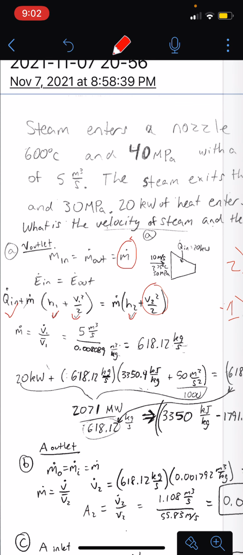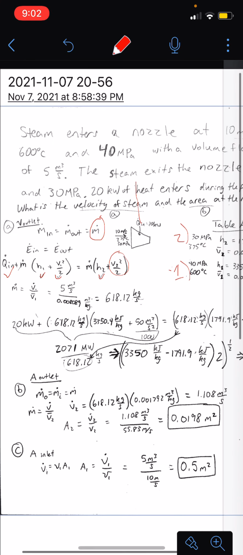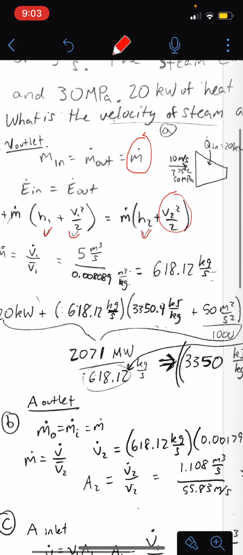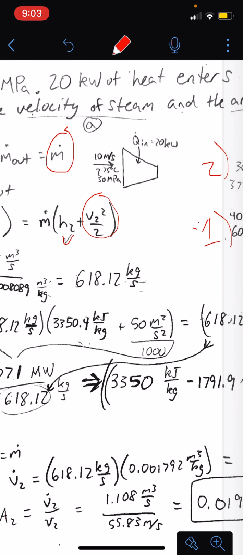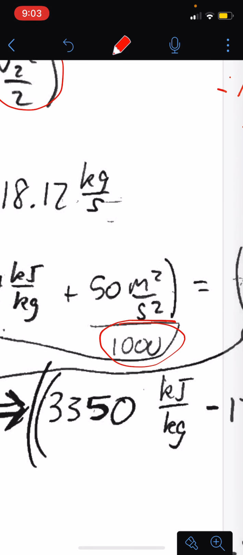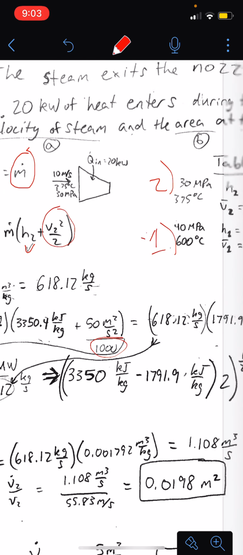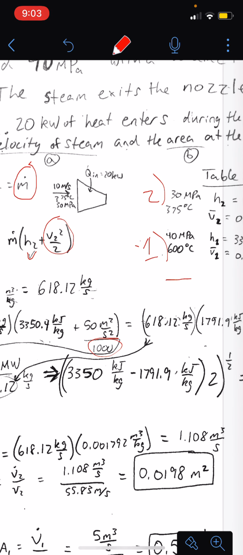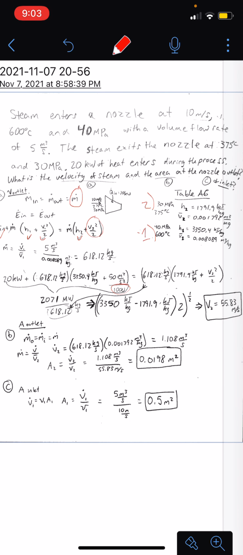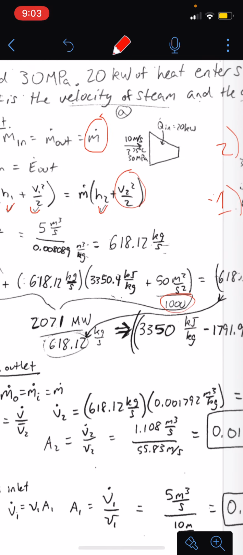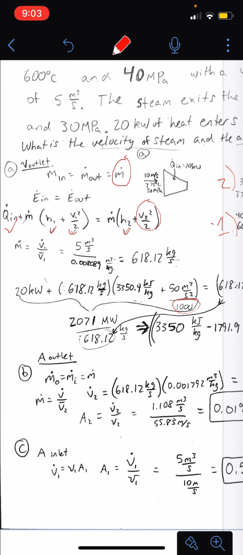So now dumping everything into our energy balance, we have 20 kilowatts plus 618.12 kilograms per second, which is our mass flow rate, times H1 plus V1 squared over 2. And keep in mind you have to divide by 1,000 to convert from meters squared per second squared into kilojoules per kilogram. And then on this side we have the same mass flow rate, H2, and then V2 squared over 2. I combined everything on the left side to be 2,071 megawatts.